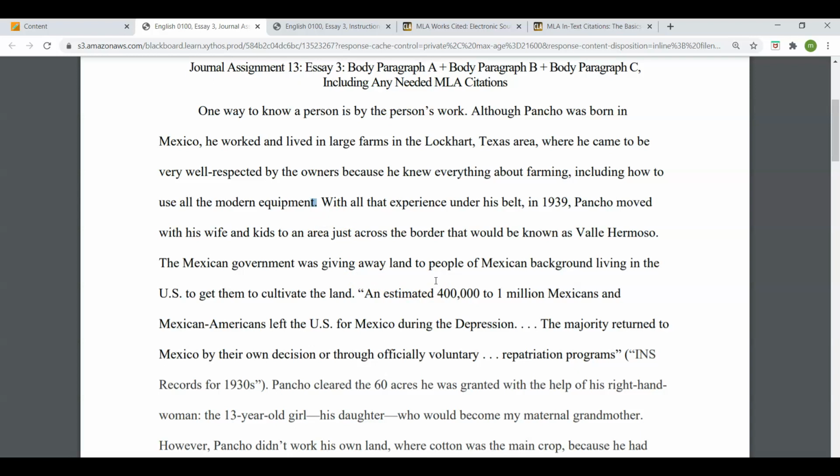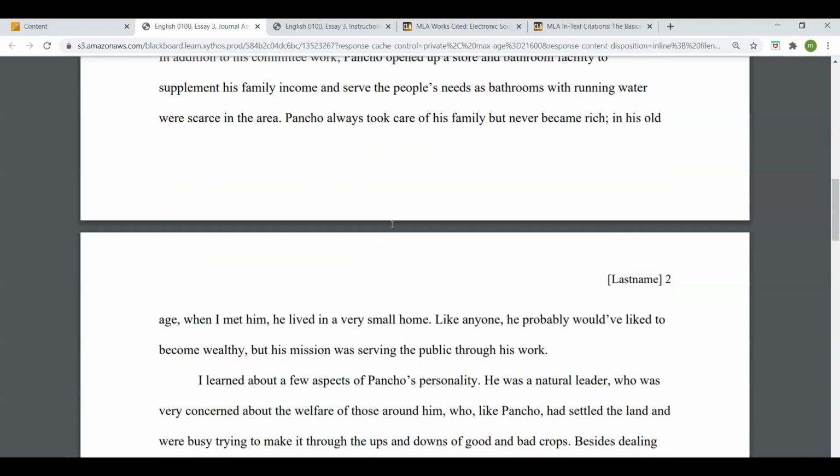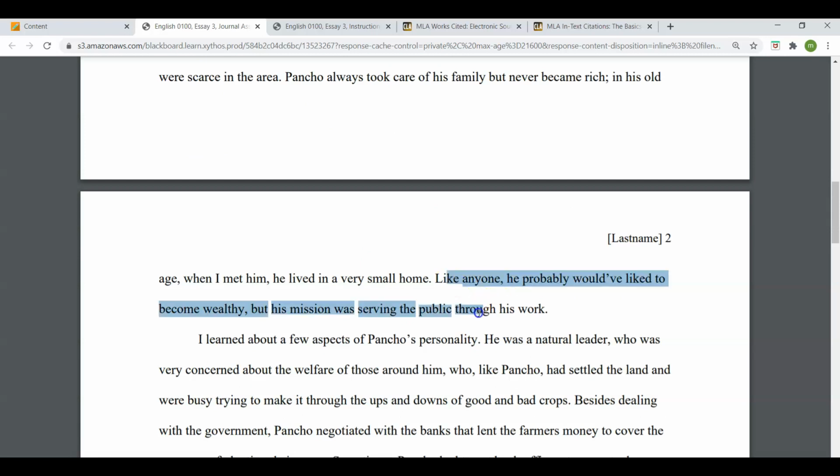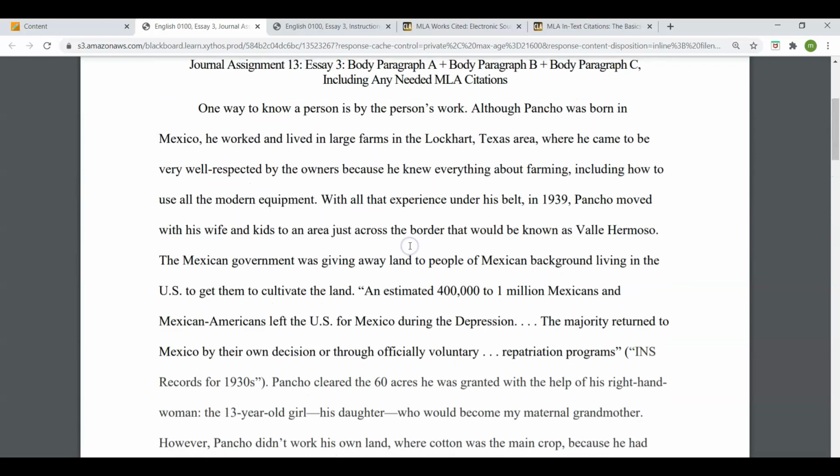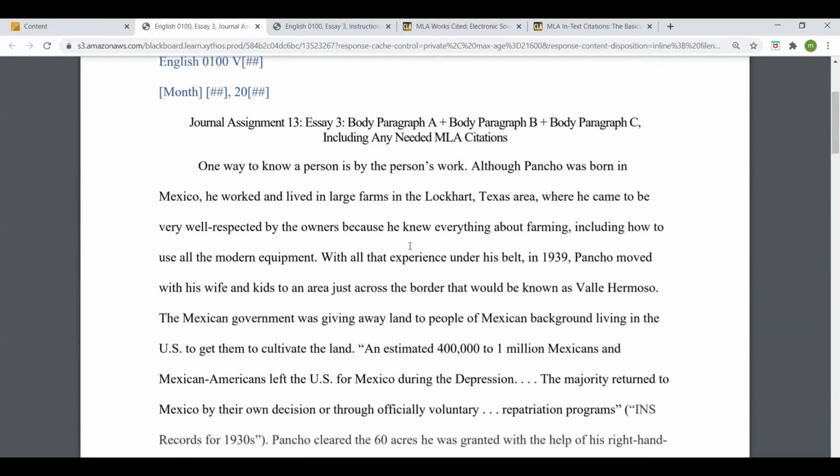So I will know you've ended a sentence because you put a period on it. And so some of you thought you had 6 sentences in between the topic sentence and the closing sentence, but you didn't. So make sure you use a period at the end of each of your sentences.